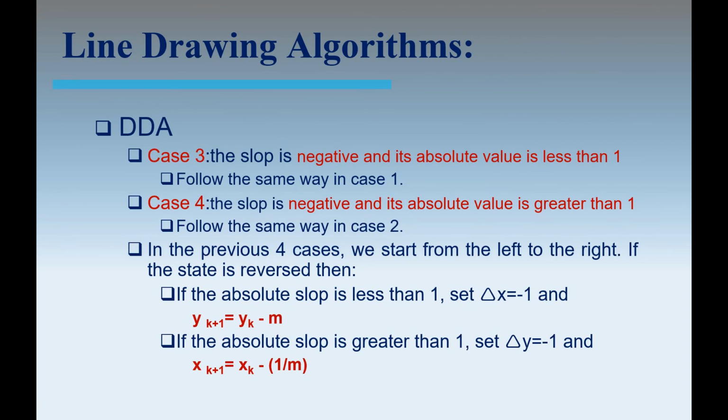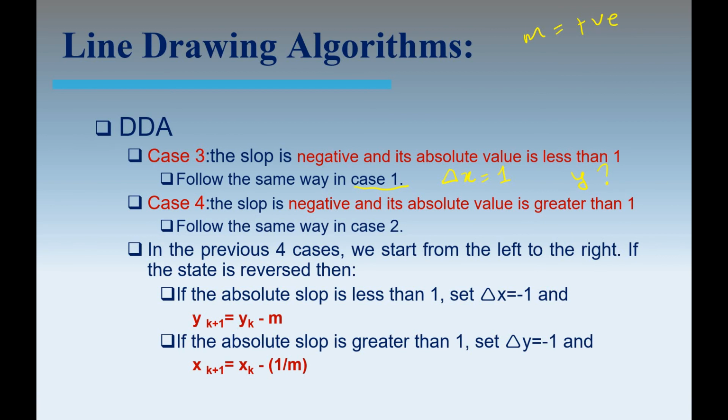Now the previous case that we discussed is when m is positive. Now when m is negative, let us see. When the slope is negative and its absolute value is less than 1, we follow the same way as in case 1, that is, delta x will be equal to 1, and we have to find the value of y.